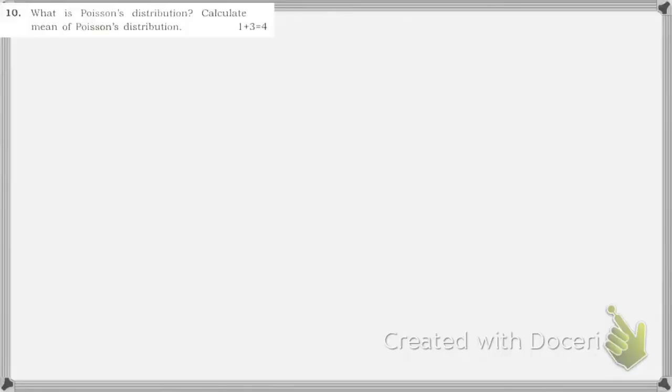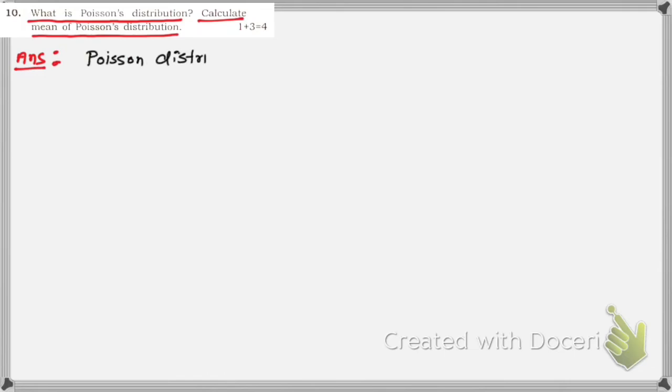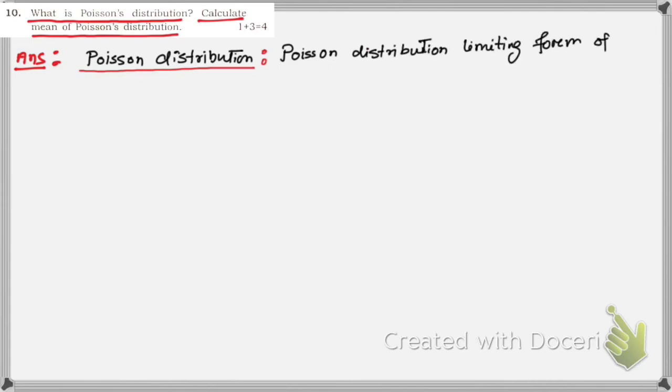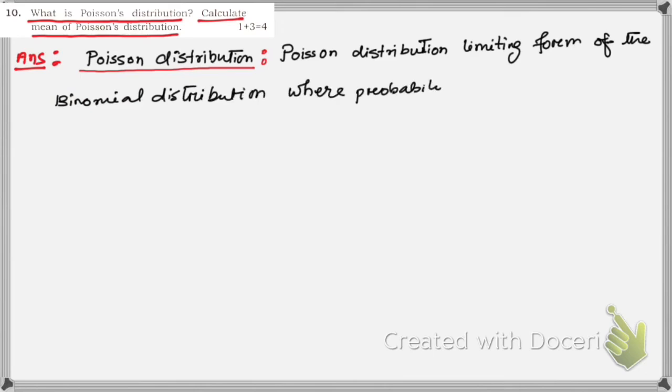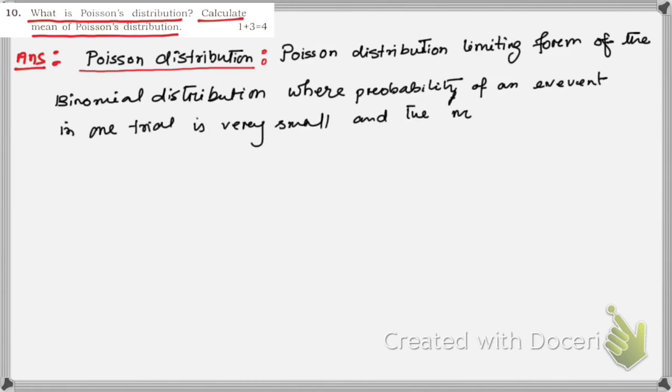So here the question is, what is Poisson's distribution, and calculate the mean of Poisson's distribution. Let me write the definition. Poisson distribution is the limiting form of the binomial distribution, where the probability of an event in one trial is very small and the number of trials is very large.